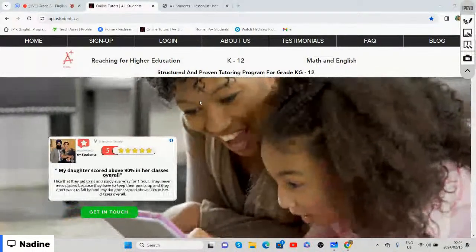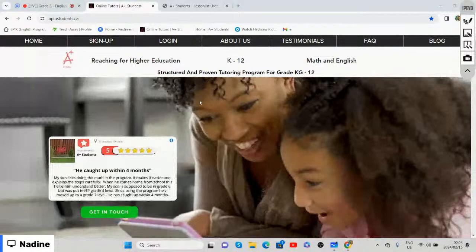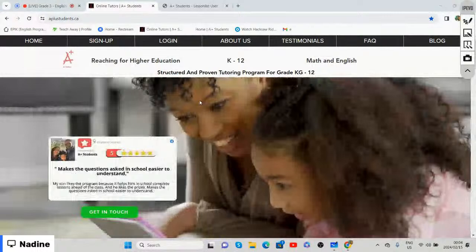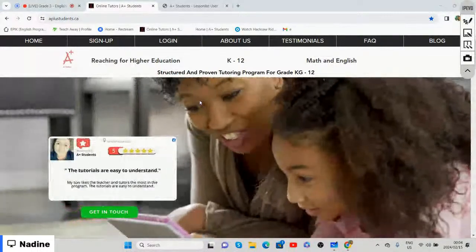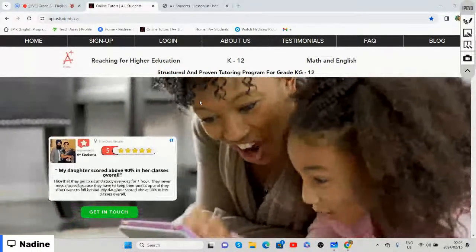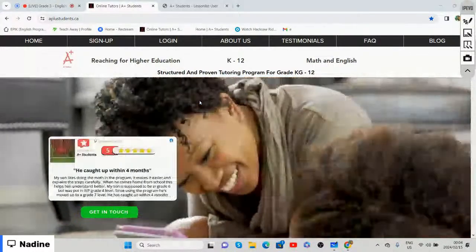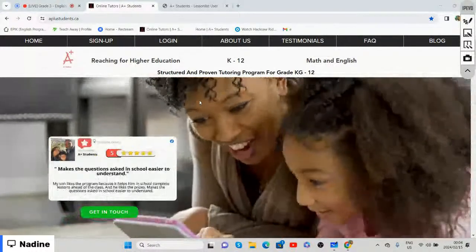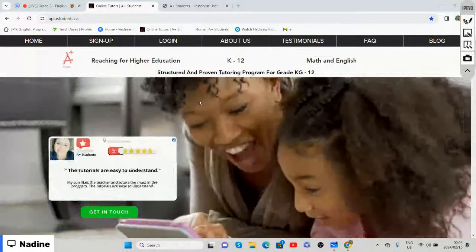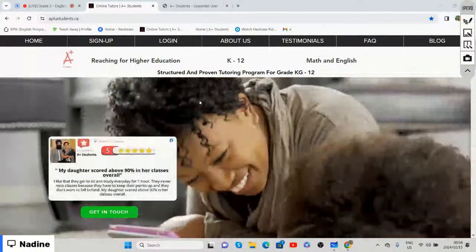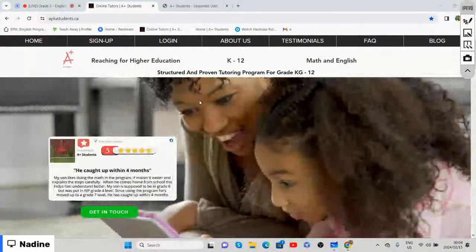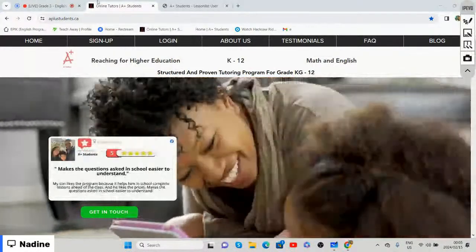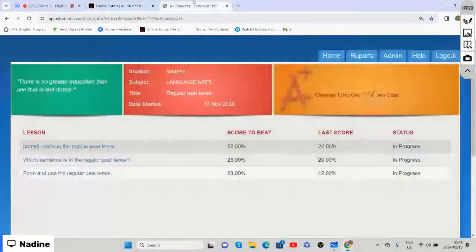Once we've logged on to aplusstudents.ca with our username as well as our password, we're going to select the subject of language arts, grade 3, and then scroll down until we get to our chapter of regular past tense.